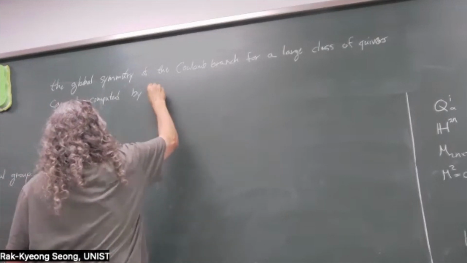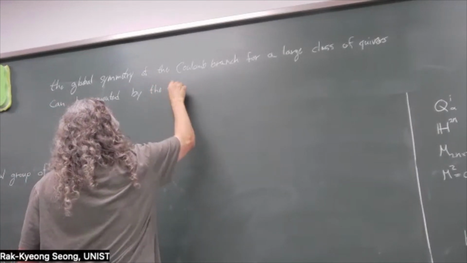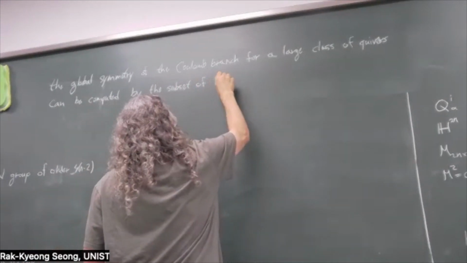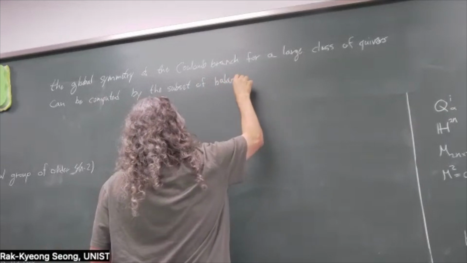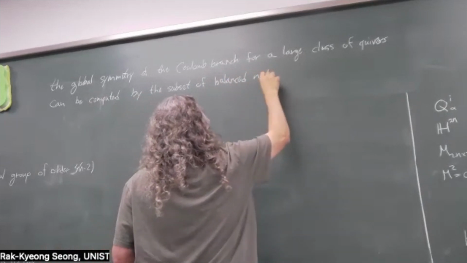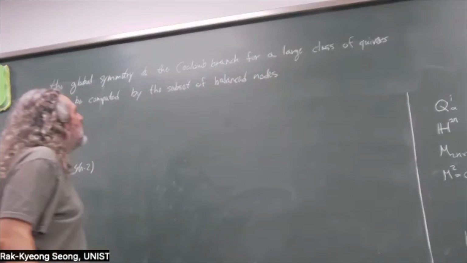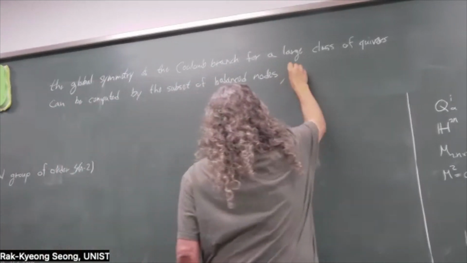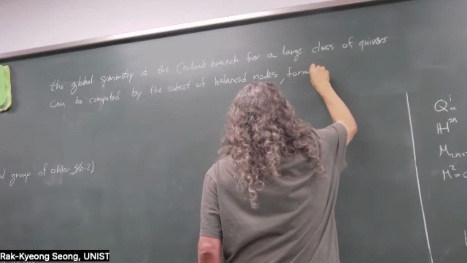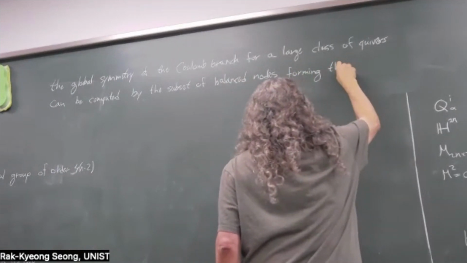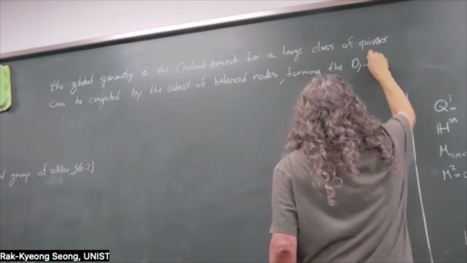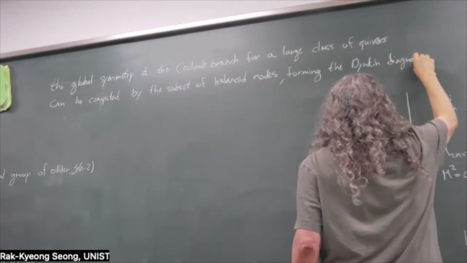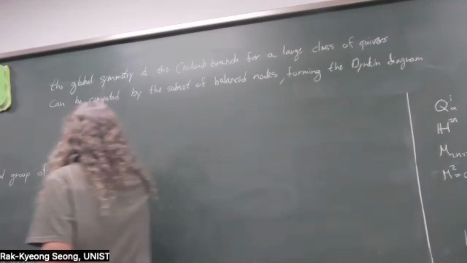The subset of balanced nodes form the Dynkin diagram of the global symmetry.